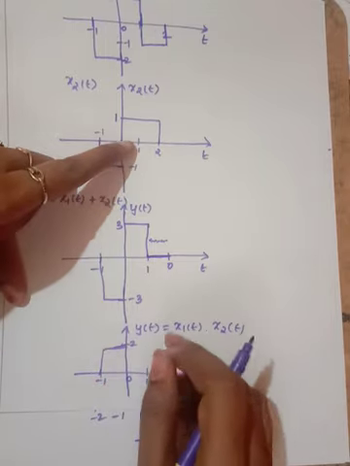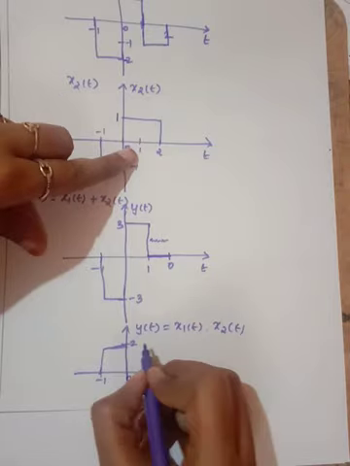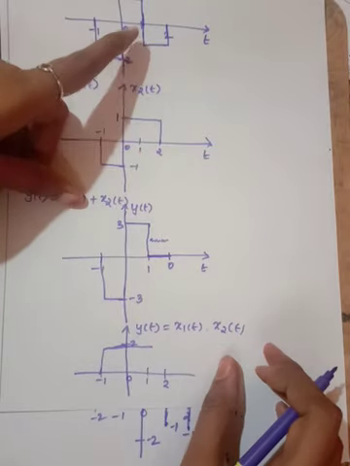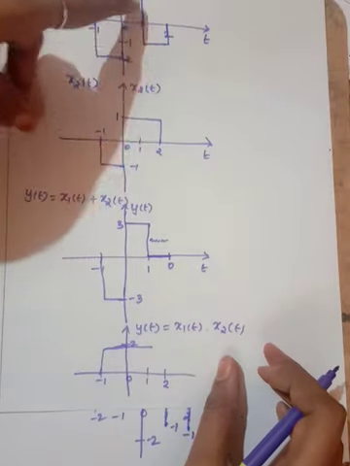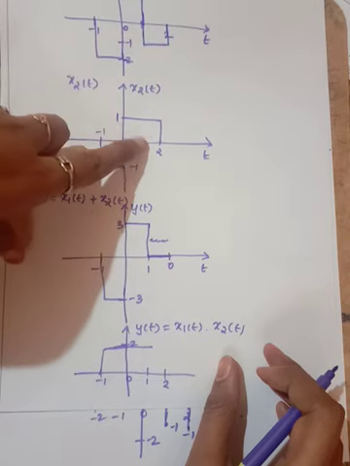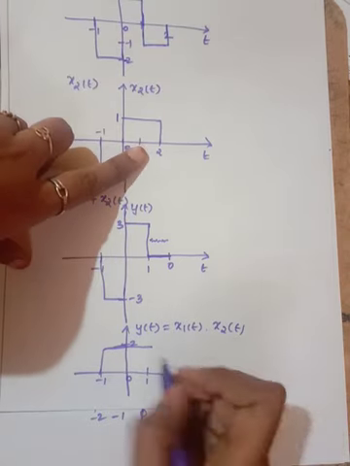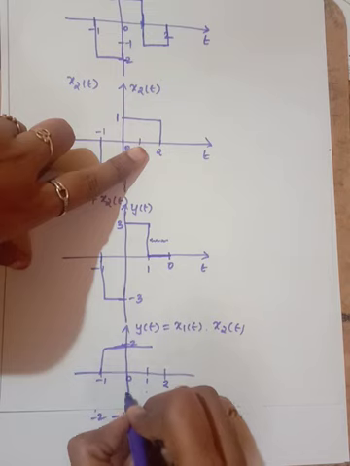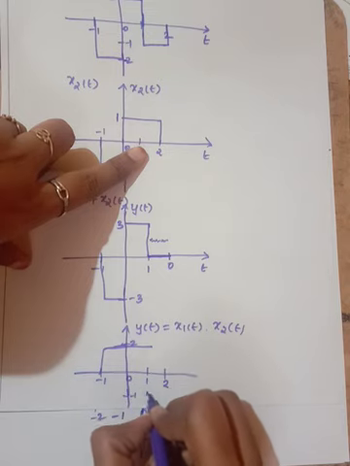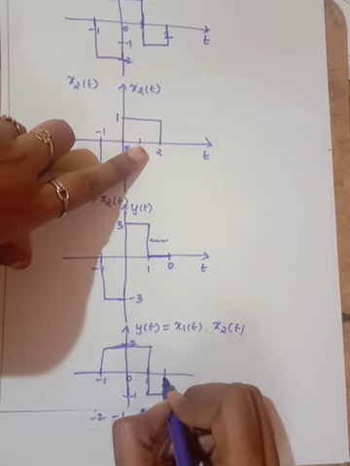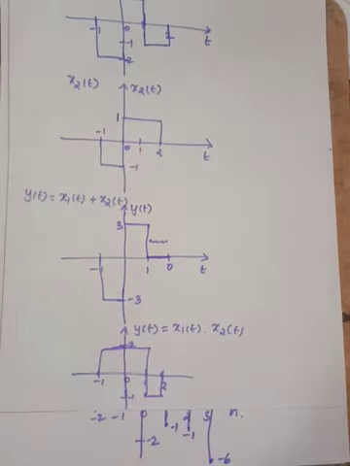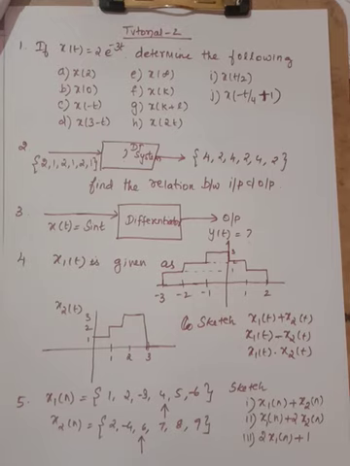Now 0 to 1, here it is 2, here it is 1, so it is 2. Then 1 to 2, here it is -1, here it is 1, so it is -1. You need to join like this. So this is the resultant output for x1 of t into x2 of t.